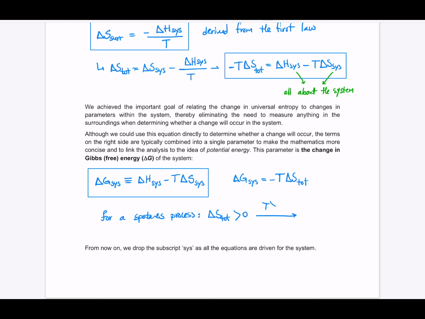And we know temperature is always greater than 0. It's temperature in Kelvin, an absolute temperature, which is always a positive value. So this means for a system to be spontaneous, delta G of a system must be negative.